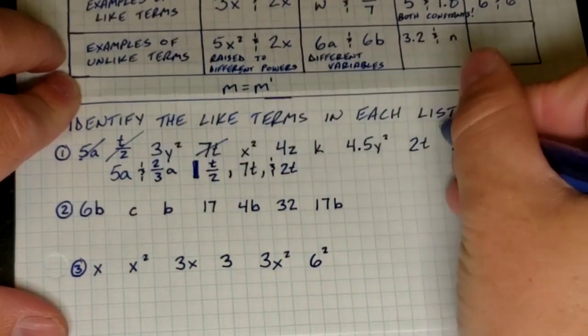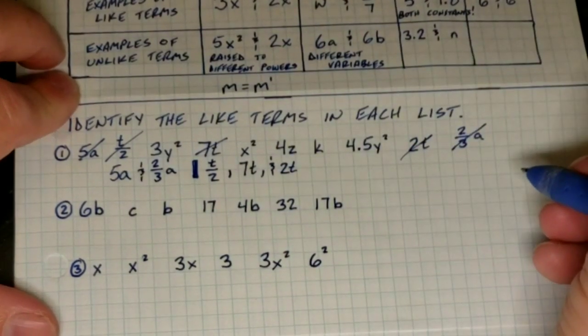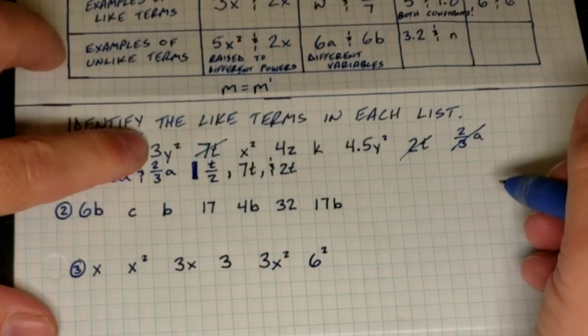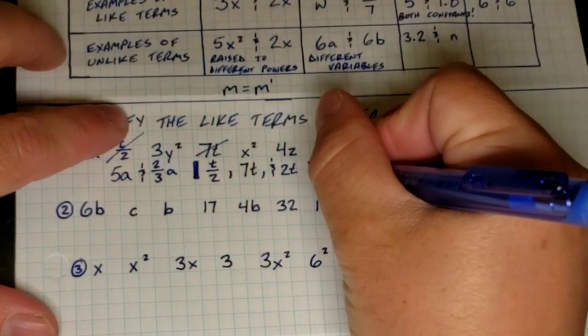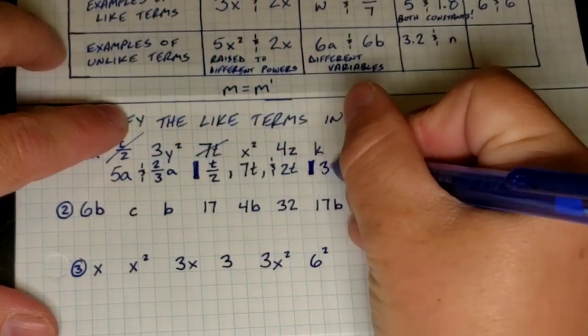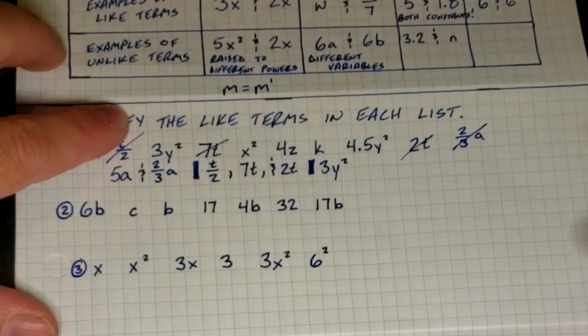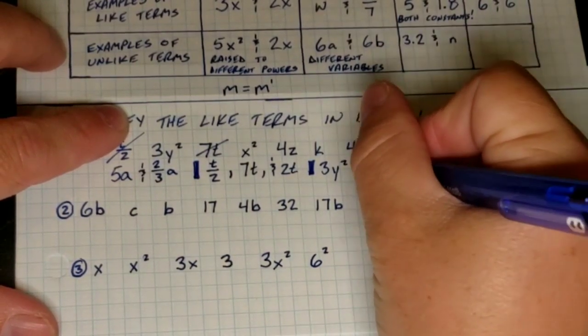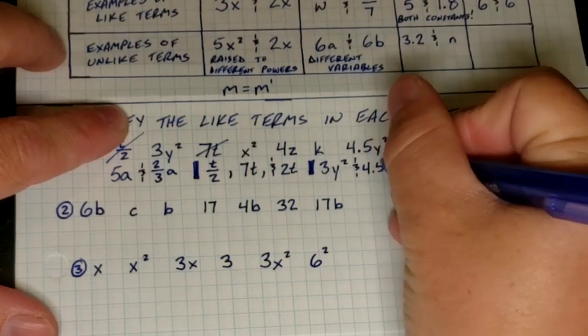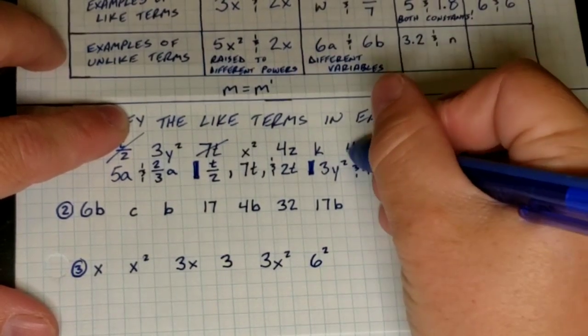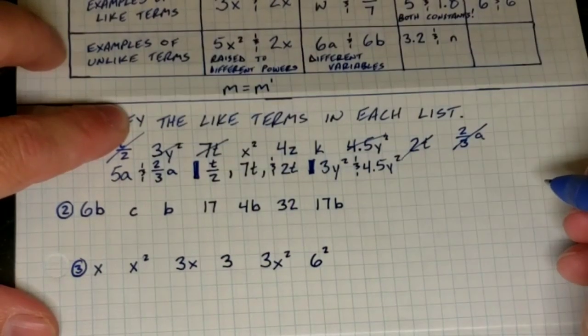So all three of those are like terms. What about this 3y squared? We got 3y squared, but there's also a 4.5y squared. So those are like terms as well.